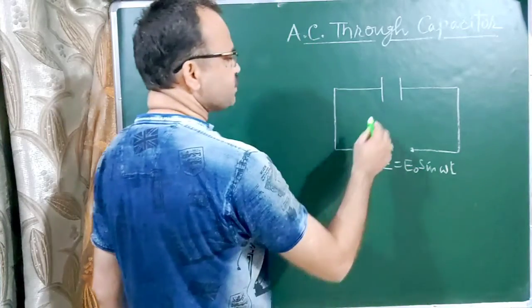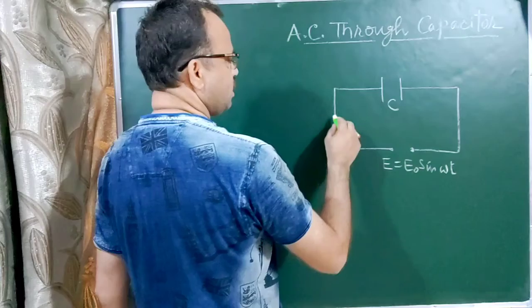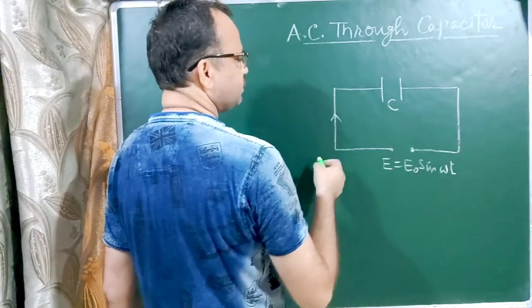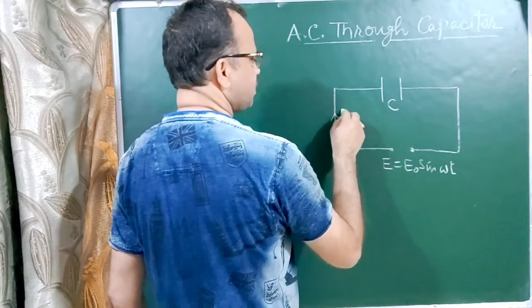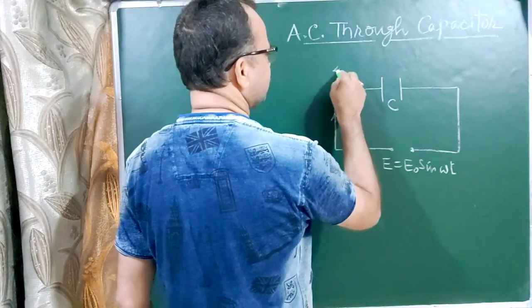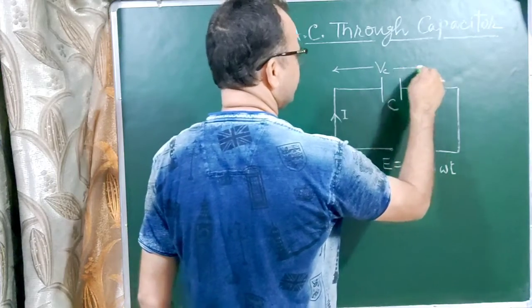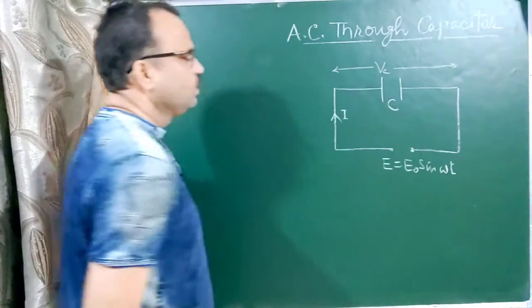As we know, the capacitor is denoted by capacitance C, and in this capacitor suppose the current is I and the voltage across the capacitor is VC.